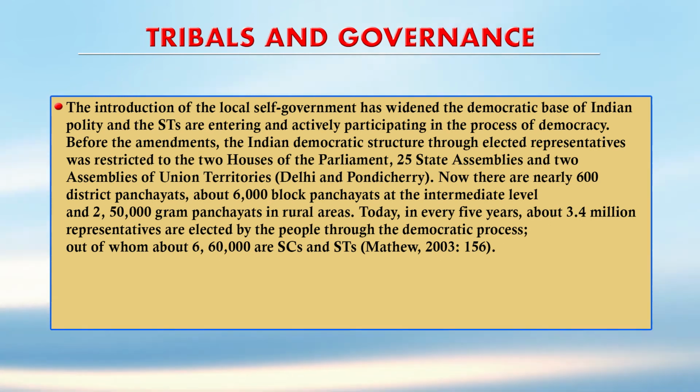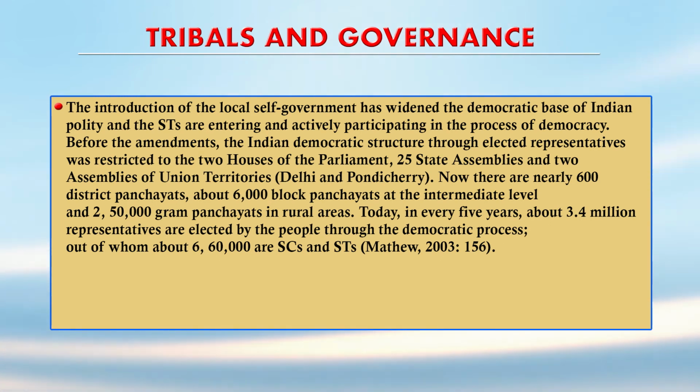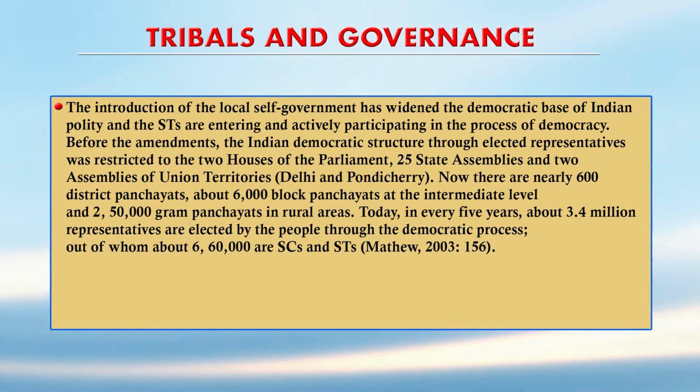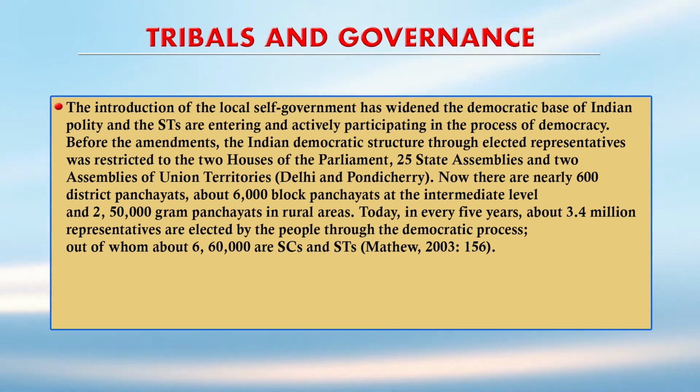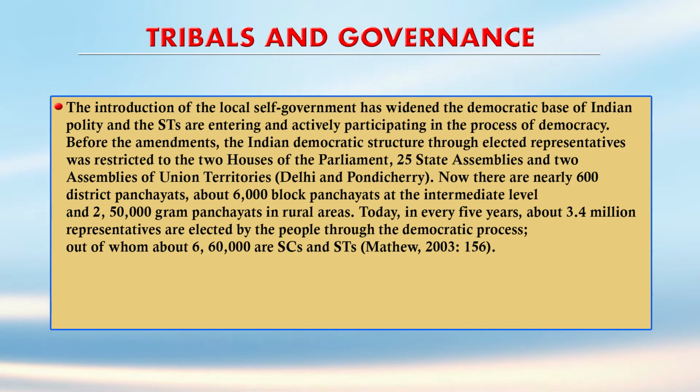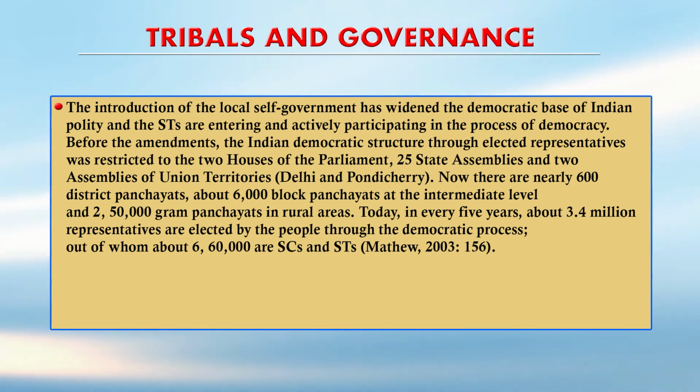Before the amendments, the Indian democratic structure through elected representatives was restricted to the two houses of the parliament, the state assemblies, and the assemblies of the union territories of Delhi and Pondicherry.